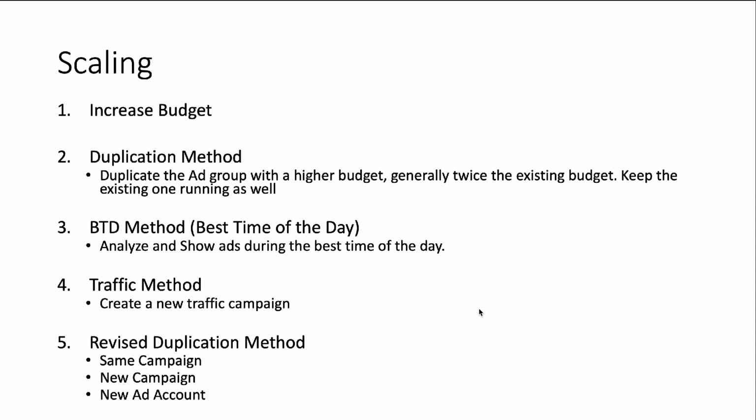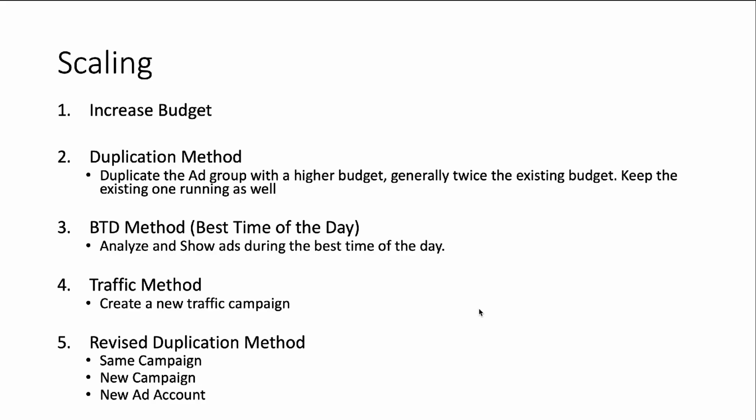So what we do is we keep the ad group as it is. You duplicate that ad group, copy the ad group. There's an option you will see on the ad group which says copy. So copy the ad group as is and give a budget which is double the original budget. So for example, you have an ad group which is performing well with a budget of 2000 rupees. Create a copy, give a budget of 4000 rupees and run it.